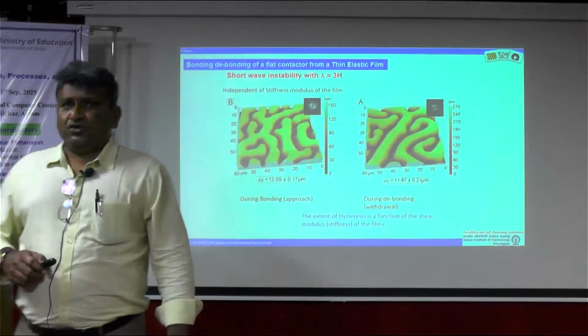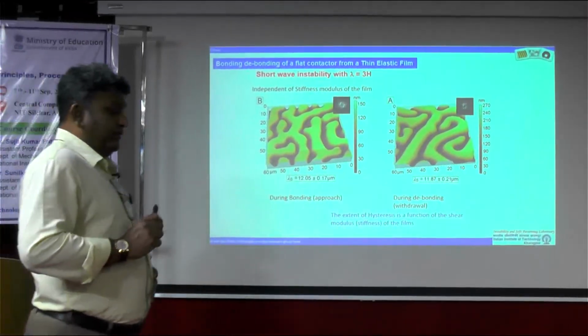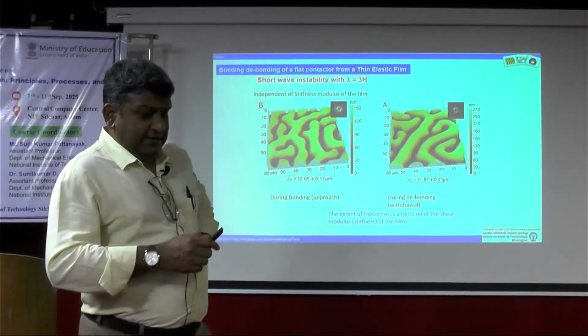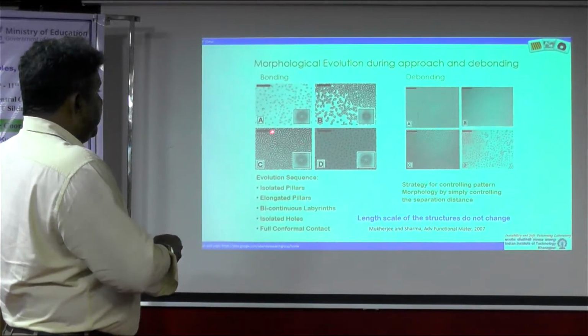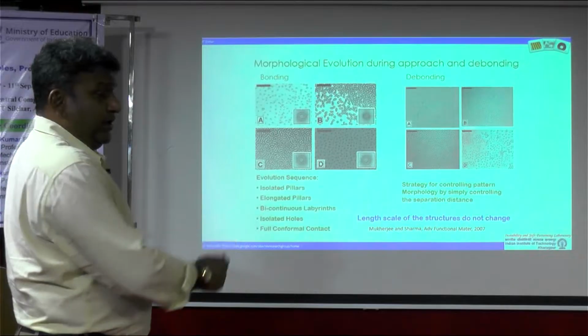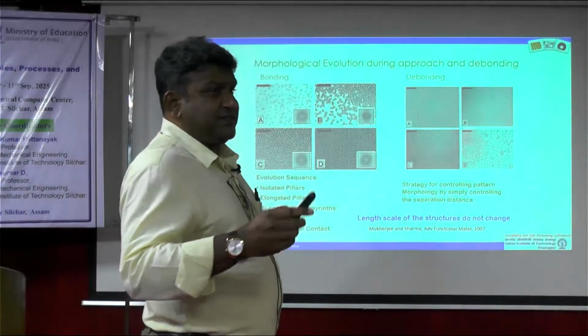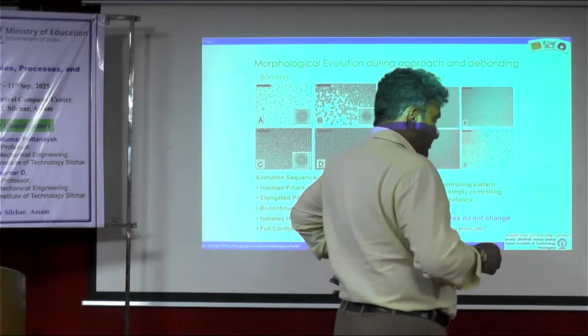So all this was known, but nobody looked into one very interesting aspect, that if you look into these two images, you sort of see this labyrinth appearing here and also appearing here. So everybody talked about, okay, this is a reversible process, wonderful, the same patterns appear, disappear, etc., etc.